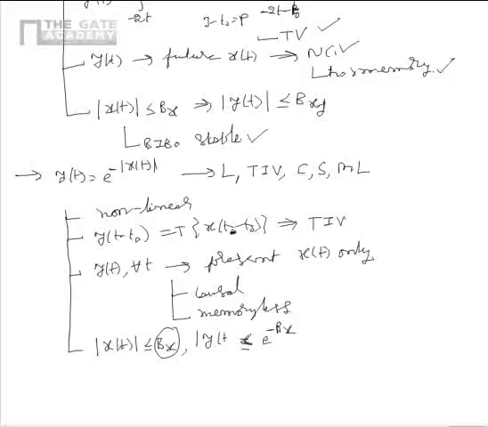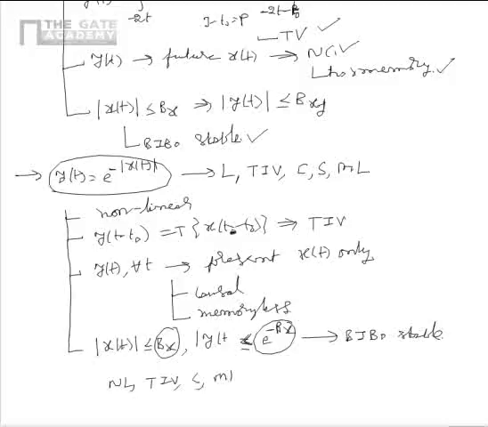As bx is finite, e power minus bx is also finite. From this, we see that the given system is stable in the BIBO sense. From this, we see that the given system is nonlinear, time invariant, causal, memoryless, and BIBO stable.